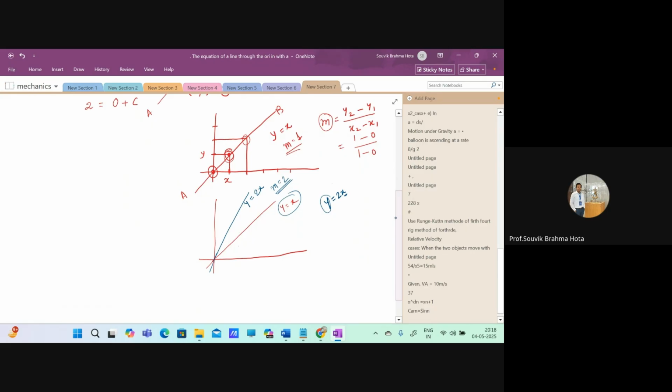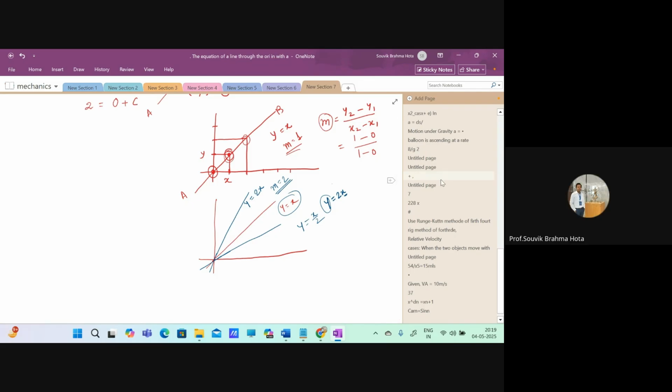But if we consider other cases where they have a c value, that intercept value, then it will be parallel, correct? Yes. And likewise, if we have something like y is equal to x by 2, definitely you can say it is somewhat like this, correct? It is reducing in nature.